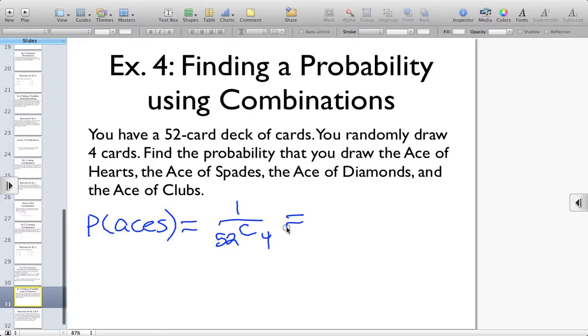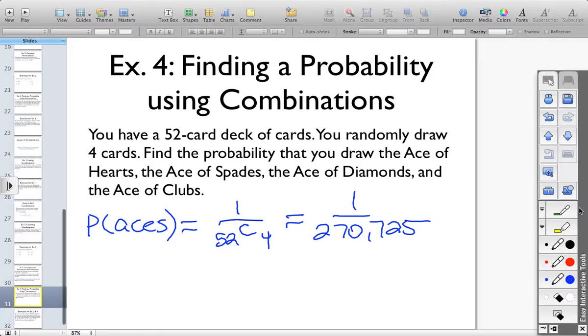And when you do that, you end up with a 1 in 270,725 chance of getting those 4 aces. So that's your probability. Pretty unlikely to happen, but you know, it could happen. It just takes that 1 chance.